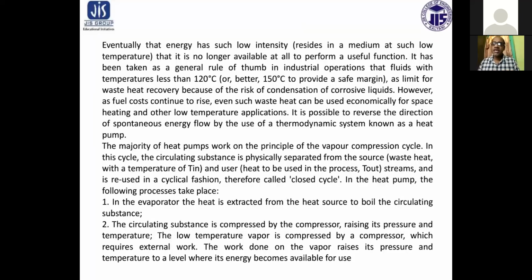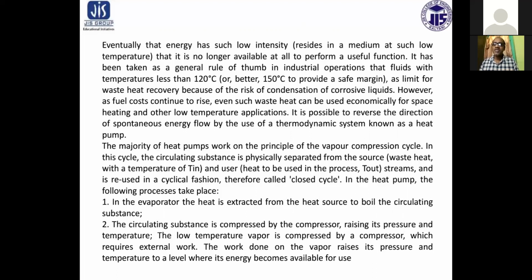Eventually, the energy has such low intensity, residing in a medium at such low temperature, that it is no longer available to perform a useful function.